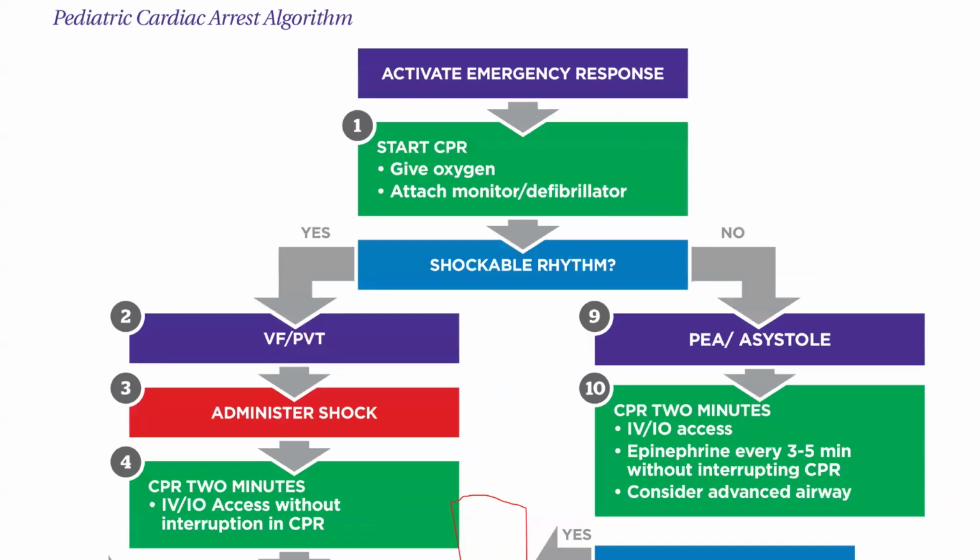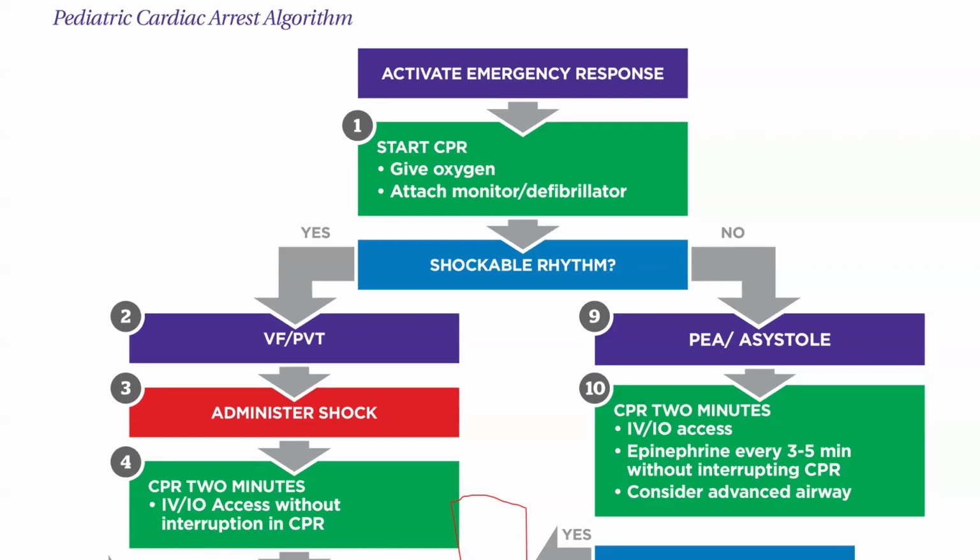So how do you approach these patients? Number one, activate emergency response, as we discussed in BLS. Start CPR, give oxygen, and attach the monitor and defibrillator. The AEDs detect whether the rhythm is shockable or not, but the AED cannot check the pulse. So if you see ventricular tachycardia, whether the patient has a pulse or not, it is the responder who needs to assess.